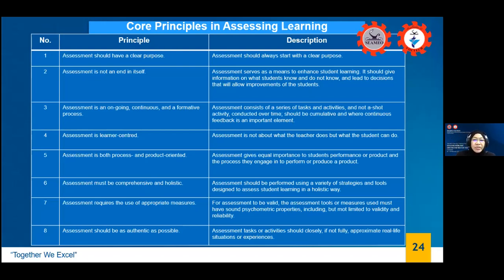You see that? So this is when you say right task, right methodology, right assessment measure. And in this case, assessment requires the use of appropriate measure. You need to make sure that it is valid. What did we say when it is valid? You are assessing them based on the learning outcomes, based on the performance objectives.